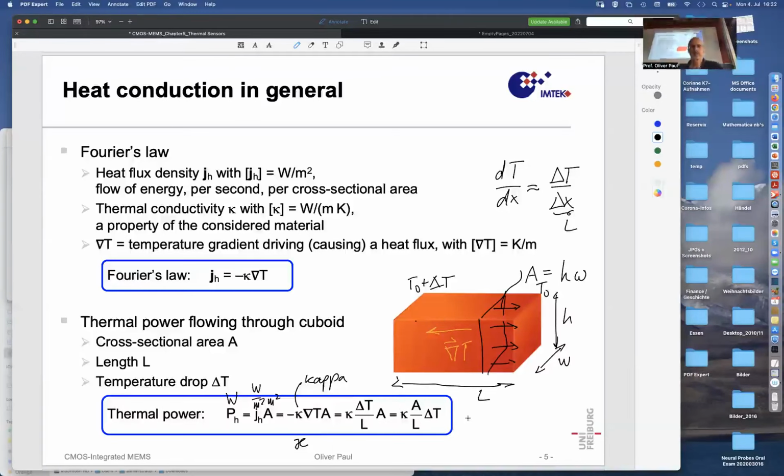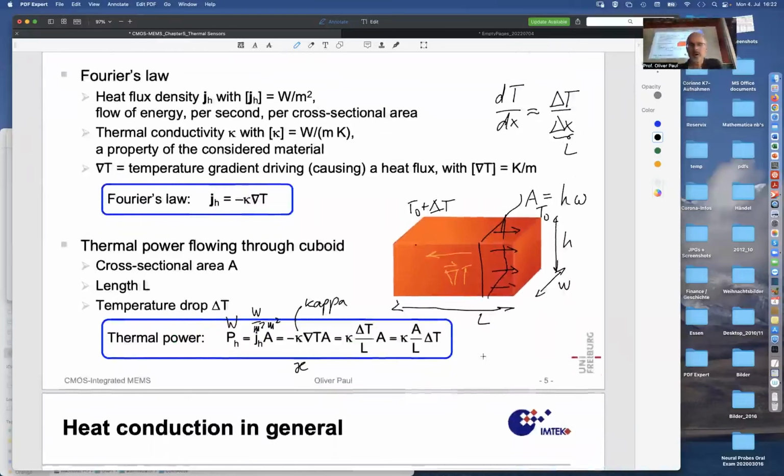Now let me just write this down in a little different form. I can also write delta T is equal to, and then I write P_H at the end, and then I write 1 over kappa, L over A. When you look at this, and you know that kappa is the thermal conductivity, and if you now think just for a moment in terms of electrical properties, if this was the electrical conductivity, we would write 1 over sigma, and then we would have L over A. We could also write this as rho.